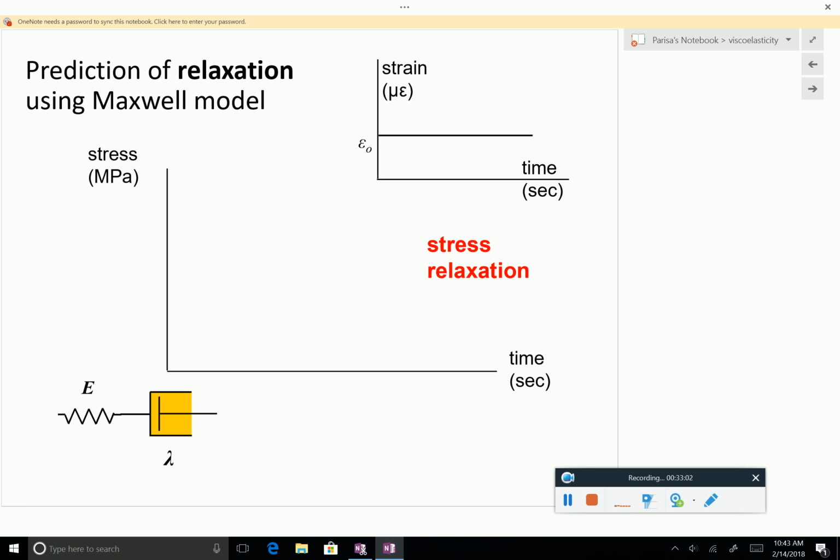Let's take t0. At t0, how much stress do you have? You can all calculate that.